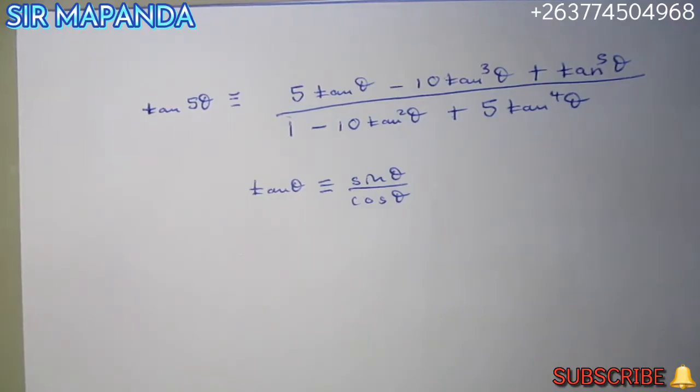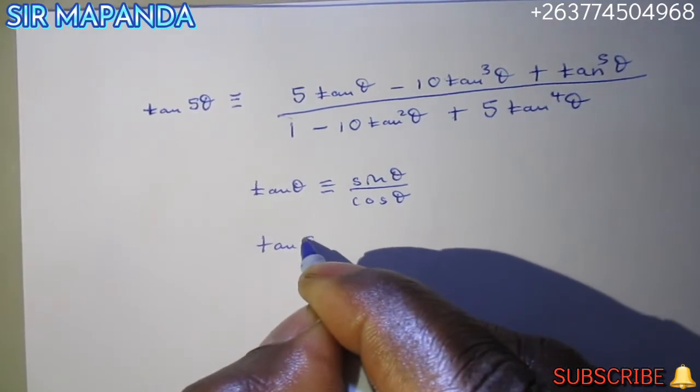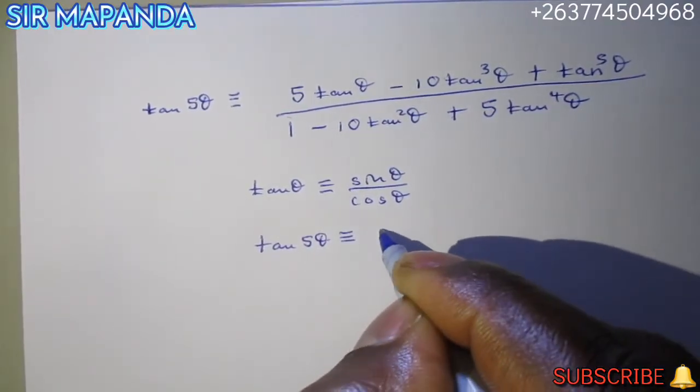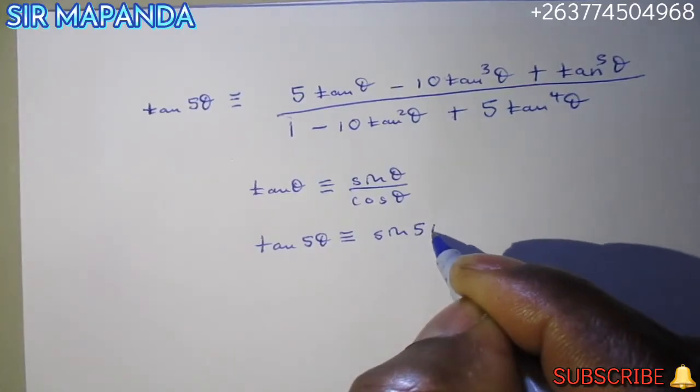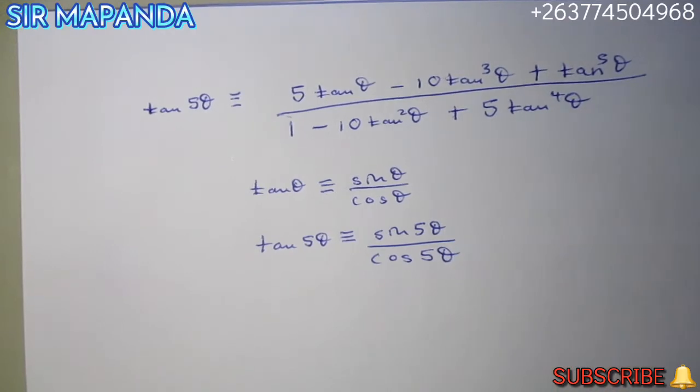So if you have tan 5 theta, it means tan 5 theta is identical to sine 5 theta divided by cos 5 theta.